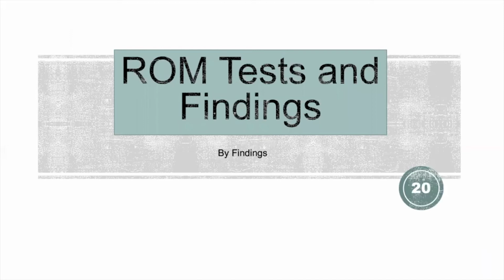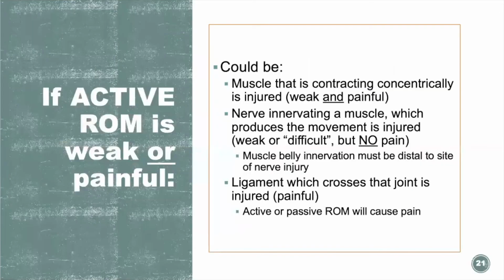Okay, so that summarizes it by the tissue type. Now we're going to go through it by our findings and kind of reverse engineer it to find out what exactly might be going on. So if we're looking at active range of motion and it is either weak or painful, there are different things it could be.